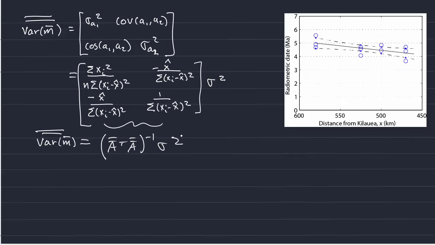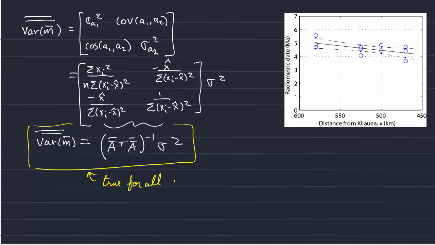Okay, and so the other reason I wrote this out in matrix form is the variance of M written this way is true for all general least squares regressions.